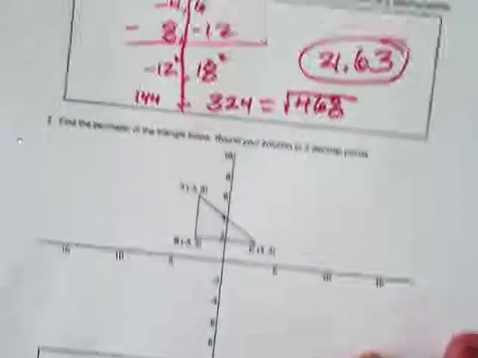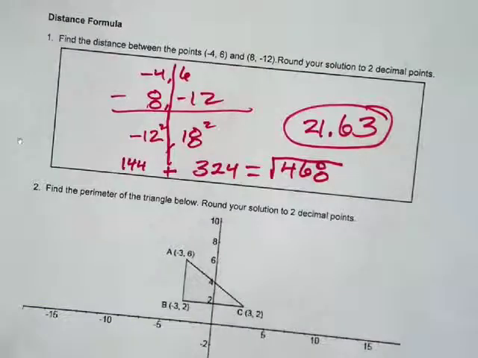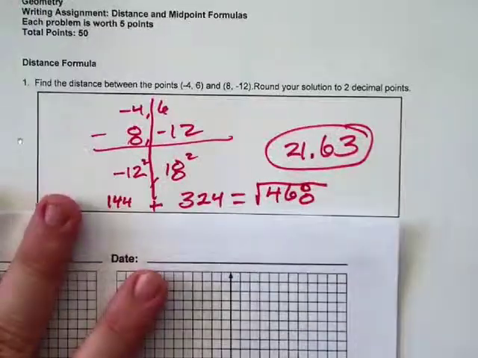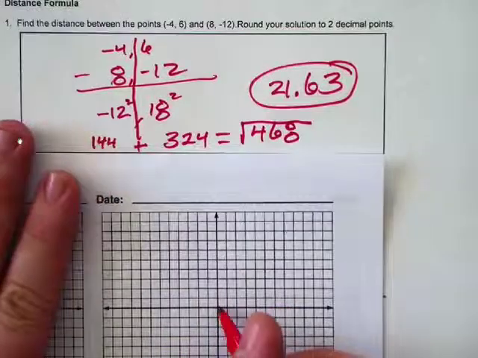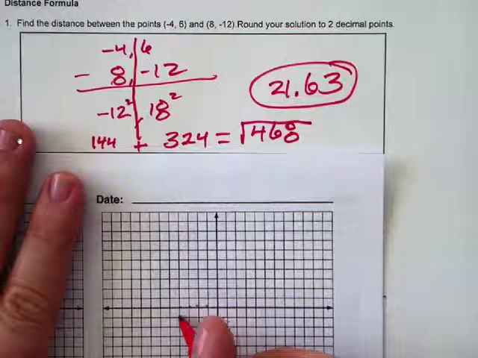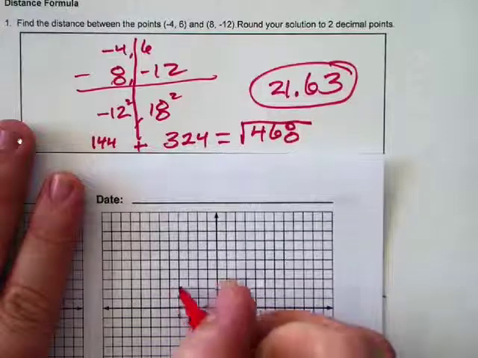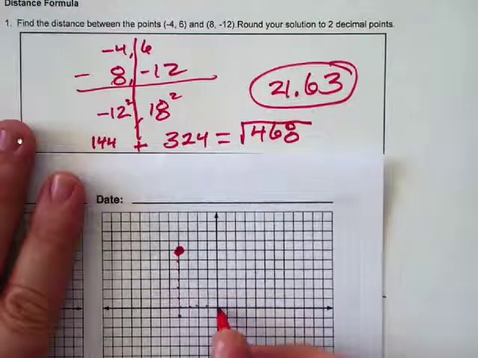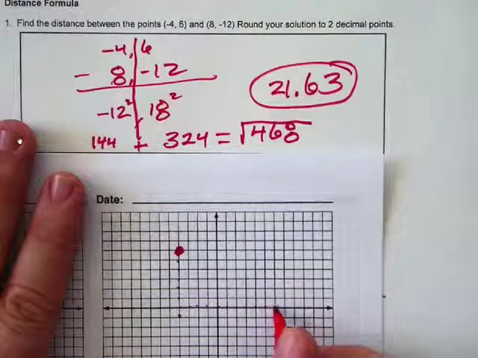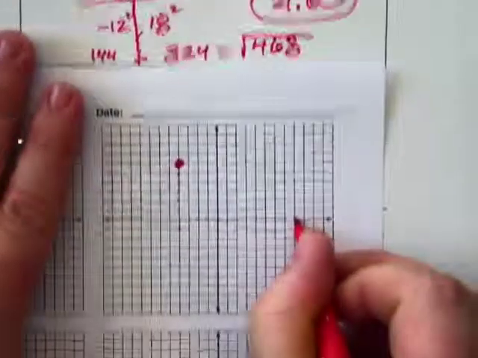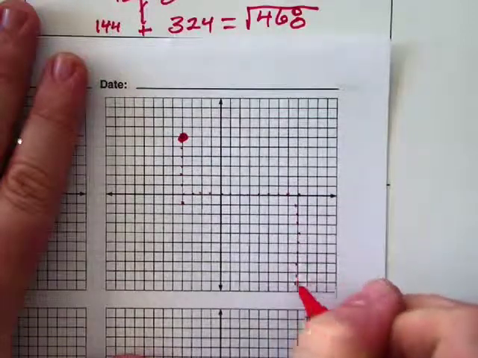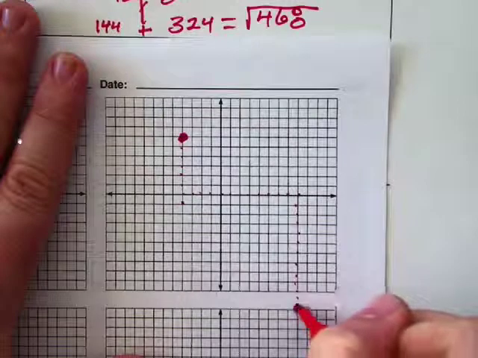If we were to check that and ask, does that seem right? That's important to check. We would get our graph and say, we have a point at -4, 1, 2, 3, 4, up 6, 1, 2, 3, 4, 5, 6, and we have 8, 1, 2, 3, 4, 5, 6, 7, 8, and down 12, 1 through 12, way down here.